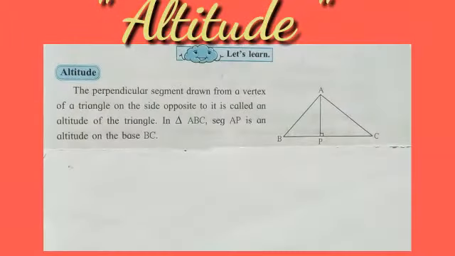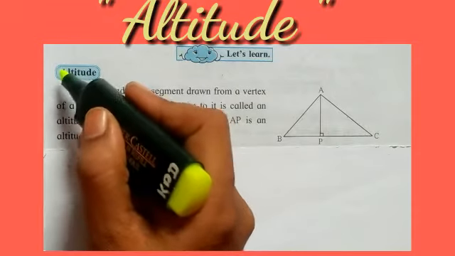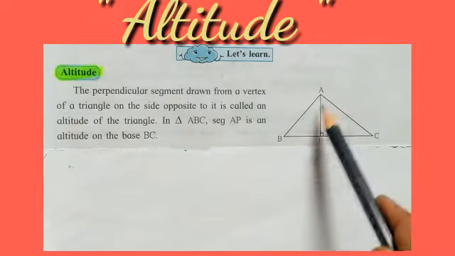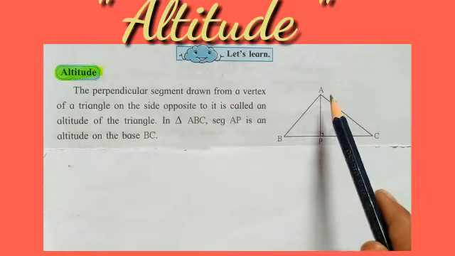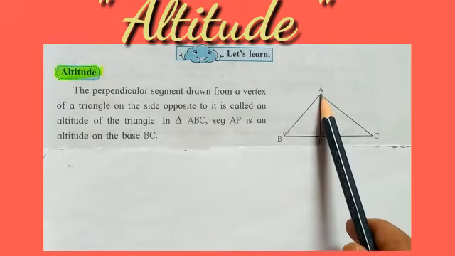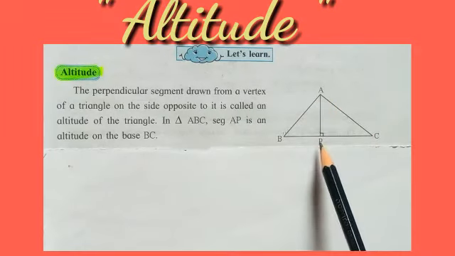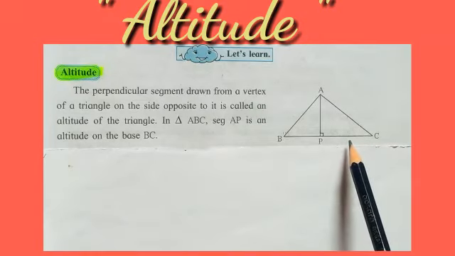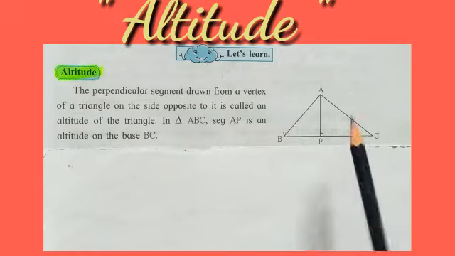Now students, let's move towards the first most important concept from the lesson, that is altitude. At first, the question may come to your mind: what is meant by altitude? So here is a triangle, and this triangle has three vertices A, B and C. From the vertex A, the perpendicular line is drawn towards the opposite line BC, which is called an altitude.